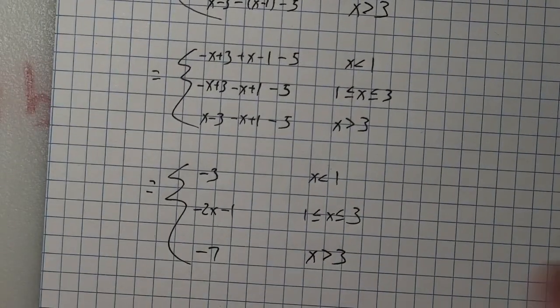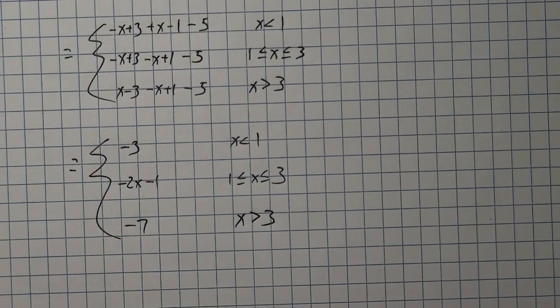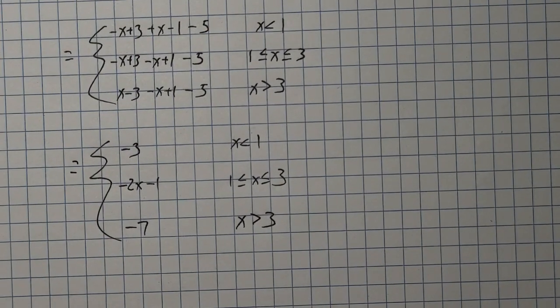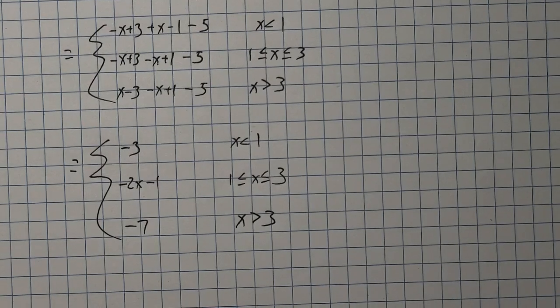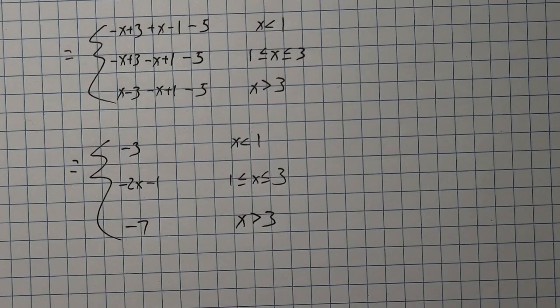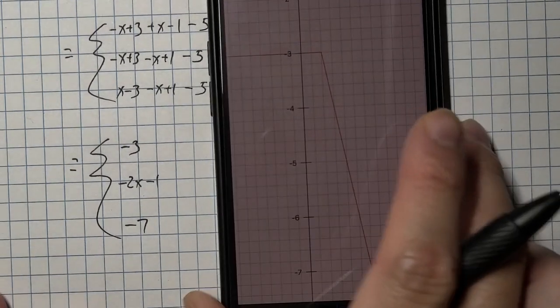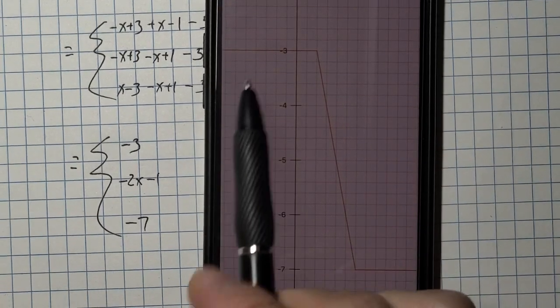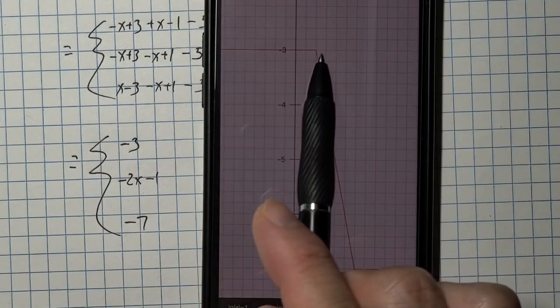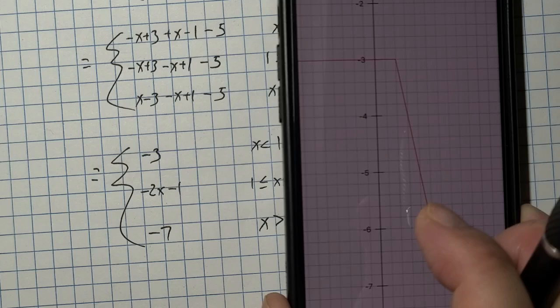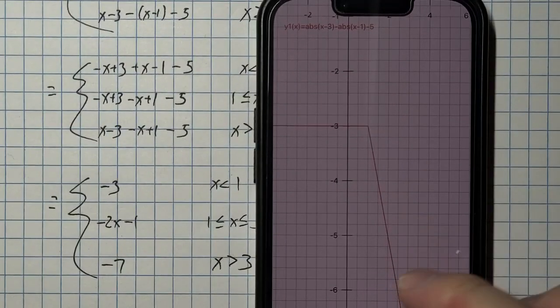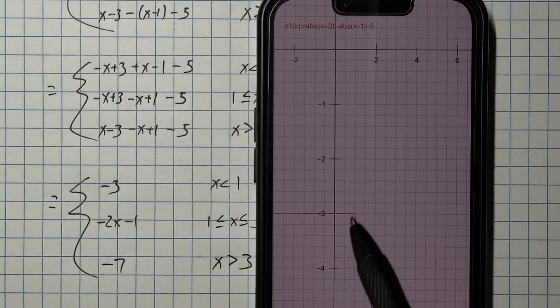This is how the function looks as we wrote it as a piecewise function. So let's see on the calculator if this is correct. This is how it looks. Negative 3 flat is a constant for x less than 1. Where's my x-axis? 1 is here.